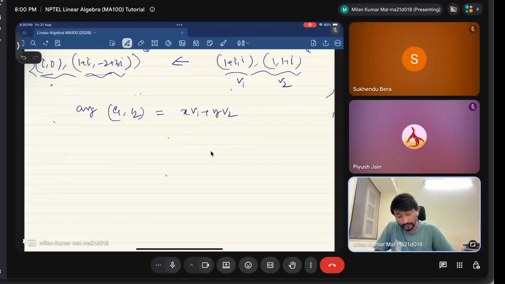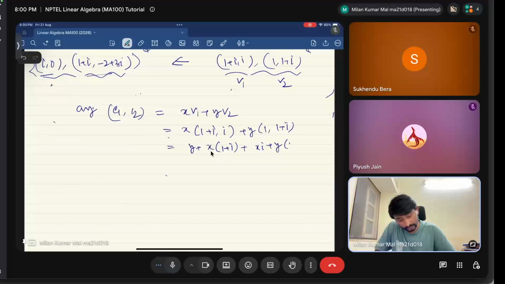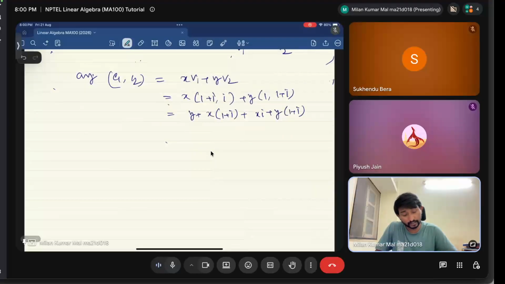So what is x of v1? x of 1 plus i comma i plus y of 1 comma 1 plus i, and that will give y plus x of 1 plus i. I was also initially trying to do this, but instead I am trying to get it in general, and later I will decide what c1 and c2 are.